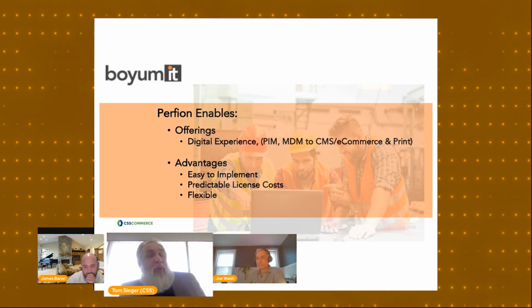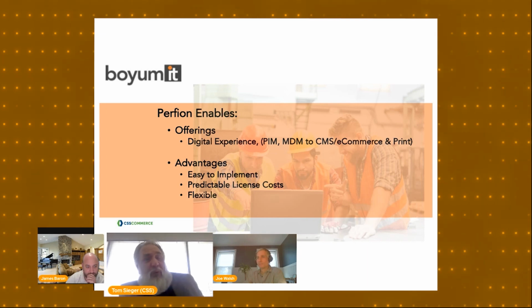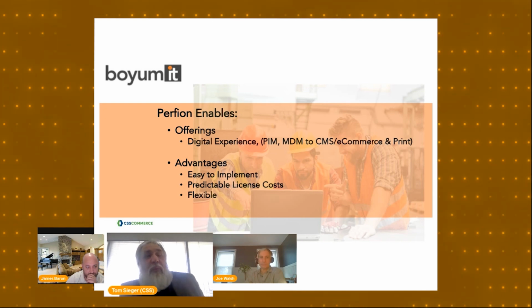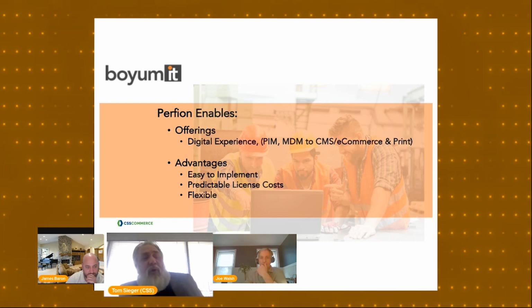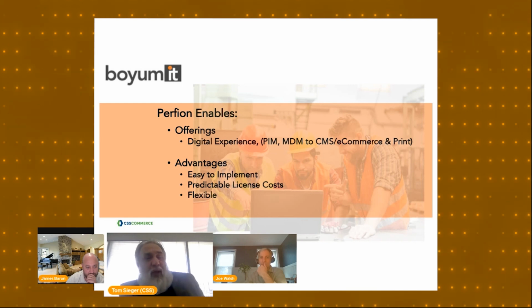The advantages versus other PIM solutions are very, very simple. The first one is it's very easy to implement Perfion. It takes about 10% of the time that it takes for most other product information management systems out there to implement, versus some of the other guys.